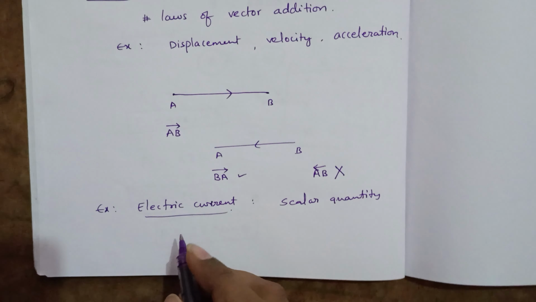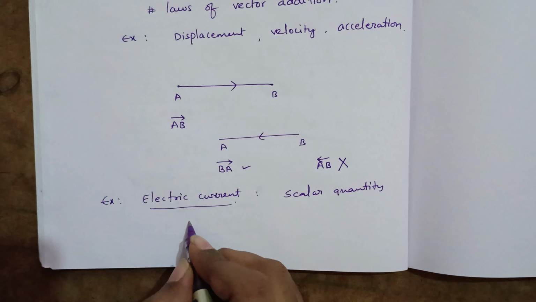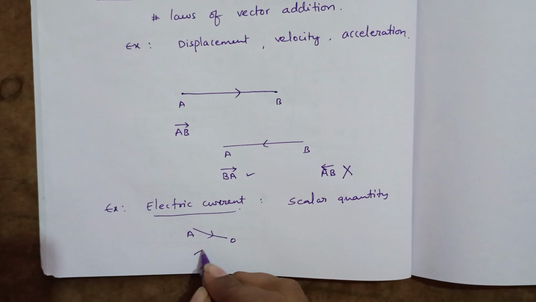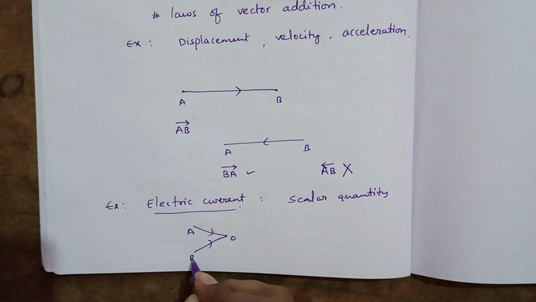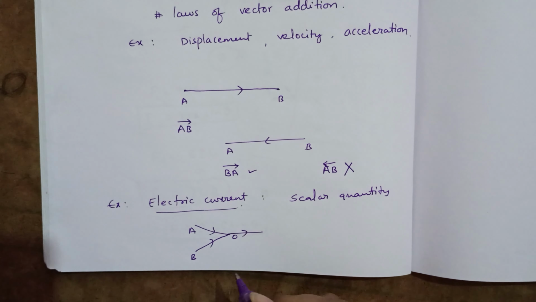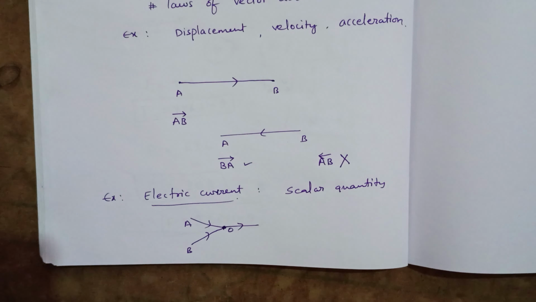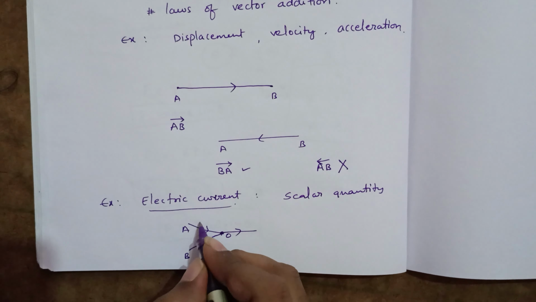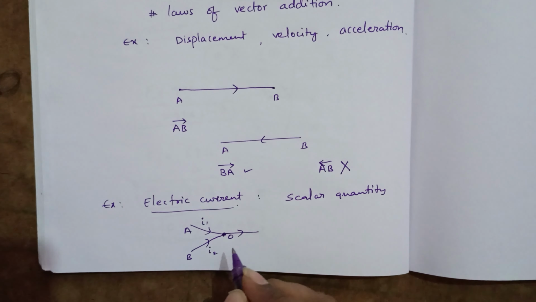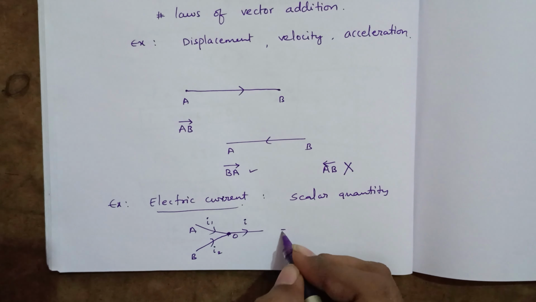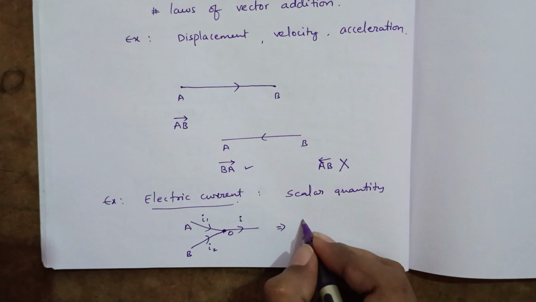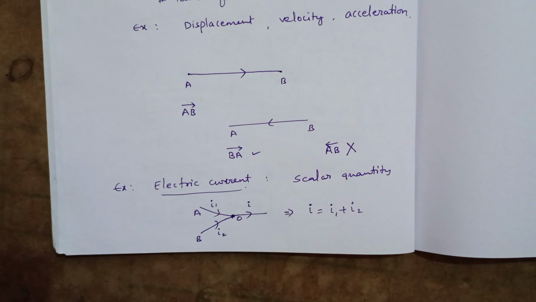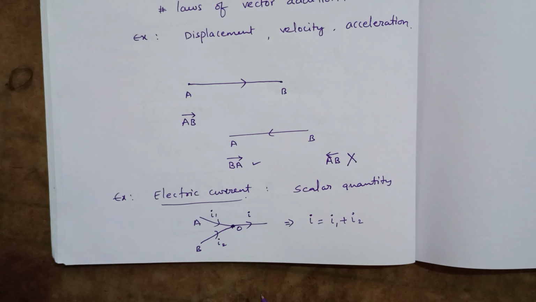For example, if a current goes from A to O and another current from B to O, like a junction, according to junction law, if the currents are I1 and I2 and the total is I, we can write I equal to I1 plus I2, like normal addition. But vector addition should not be like this.